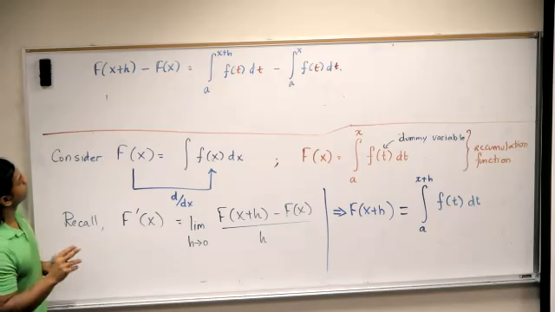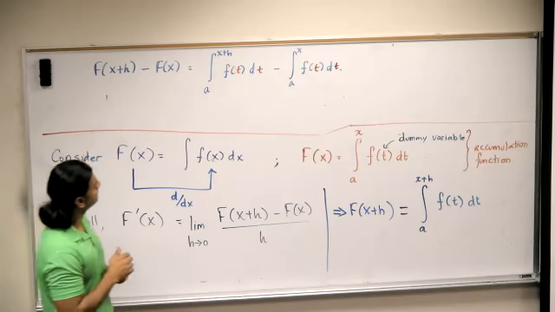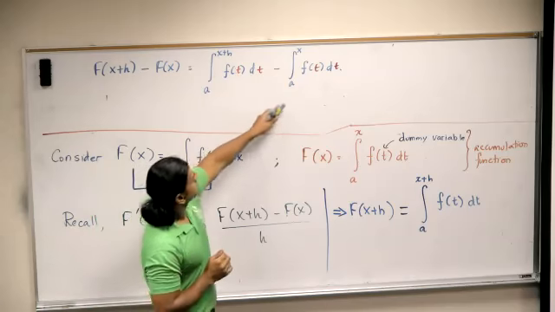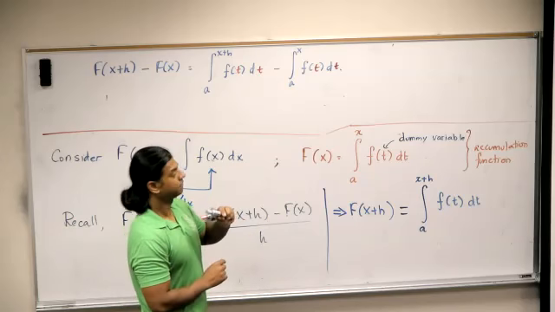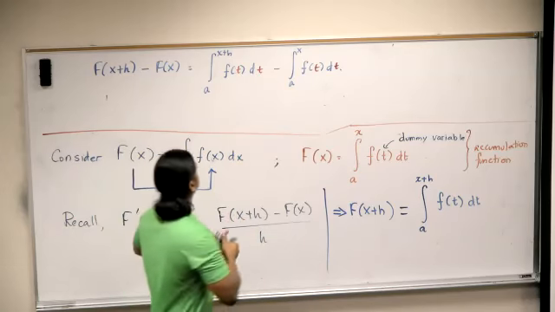What would happen if I switch the limits? It becomes positive. This would become positive, right?